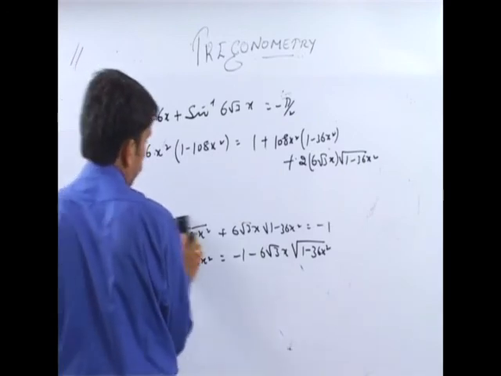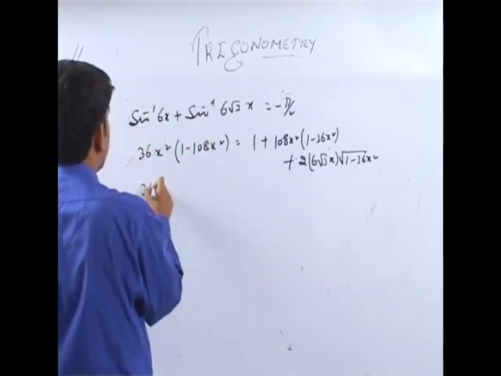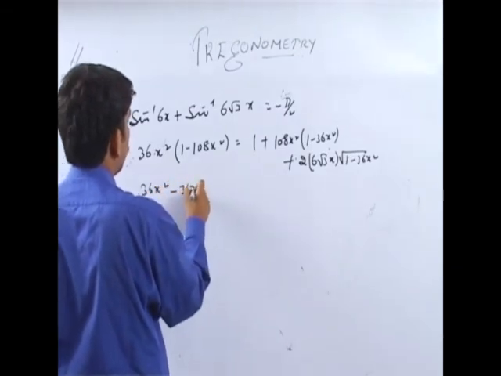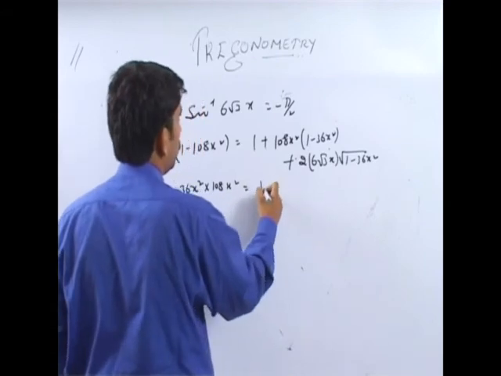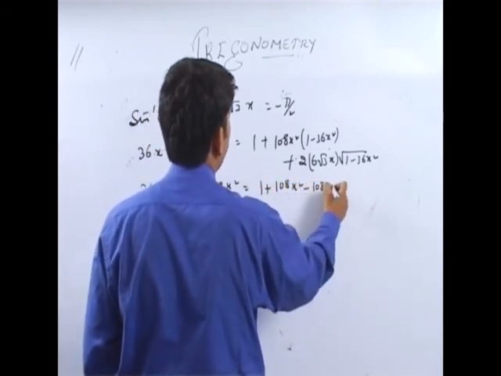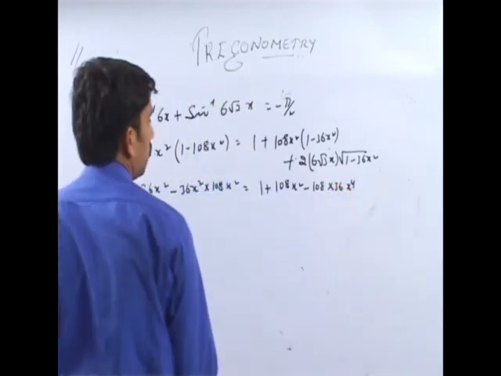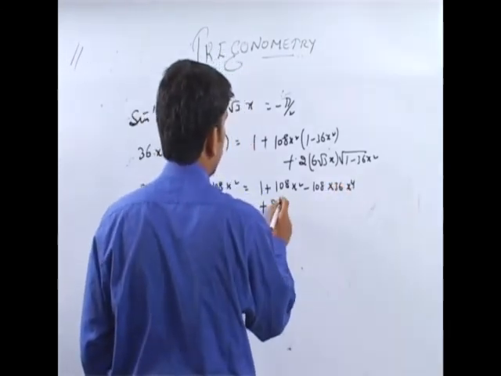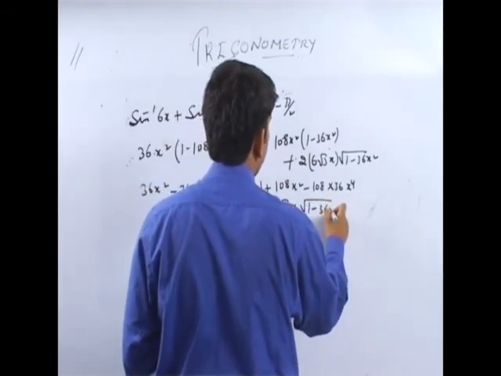And again this will be equal to 36 x square minus 36 x square into 108 x square equal to 1 plus 108 x square minus 108 into 36 x4 plus 12 root 3 x under the root 1 minus 36 x square.